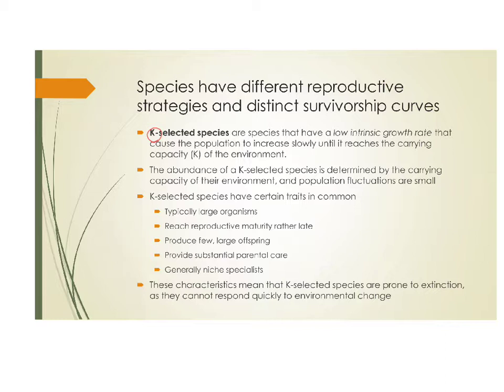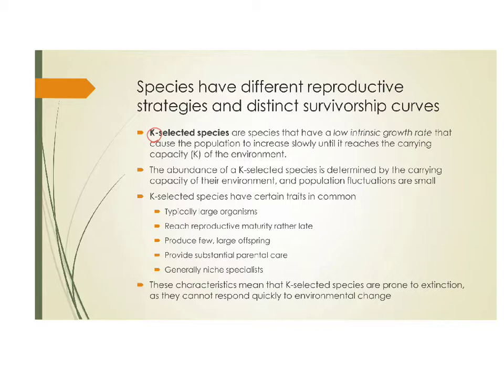That means that they are not growing rapidly. And this causes the population to increase slowly until it reaches the carrying capacity of the environment. The abundance of a K-selected species is determined by the carrying capacity of the environment, and population fluctuations are generally small.